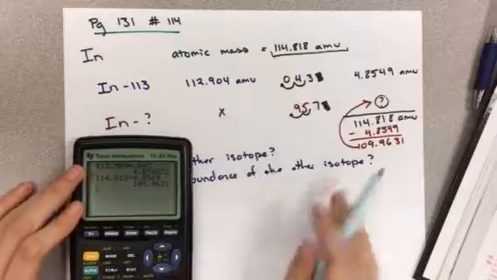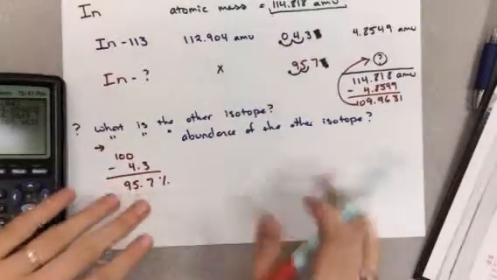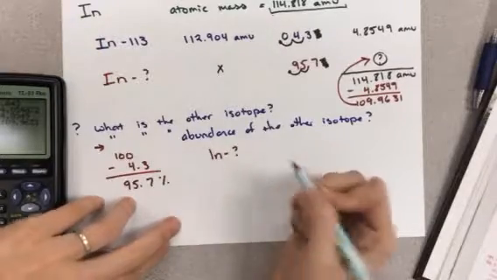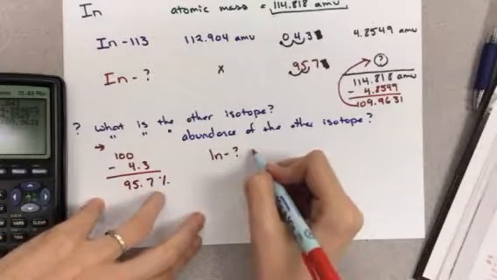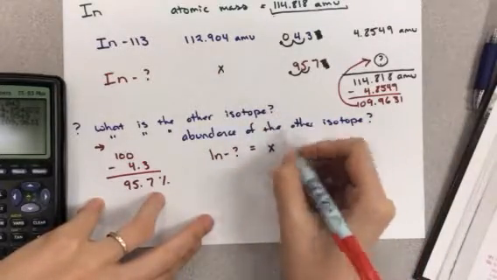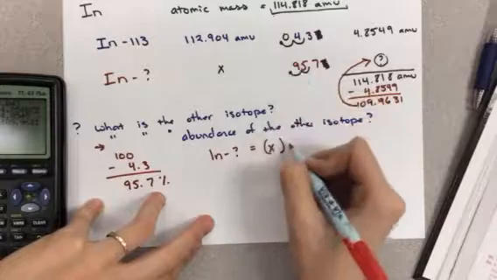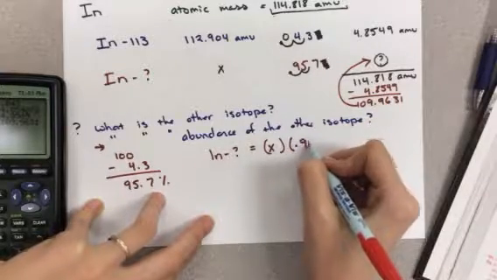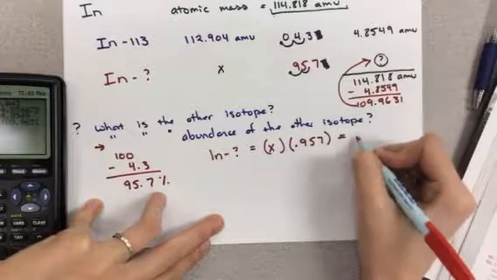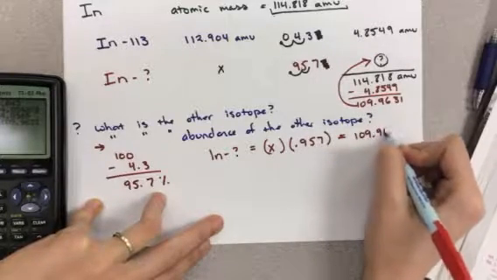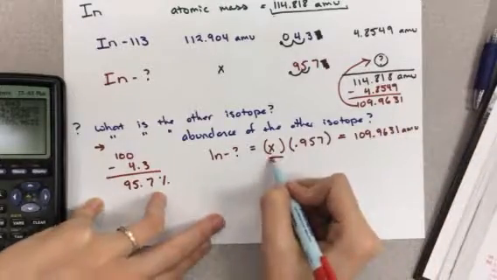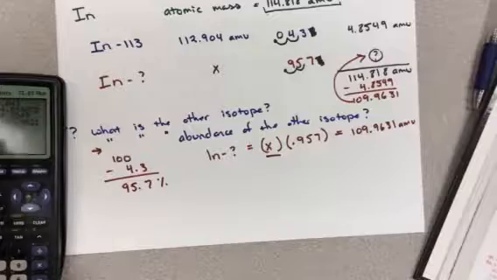So now we know, I'm going to move this up a little bit. Now we know that this mystery isotope, this indium, we don't know, has a mass of X times the abundance, which is going to be 0.957, has to equal 109.9631 AMU. So how do we solve for X?